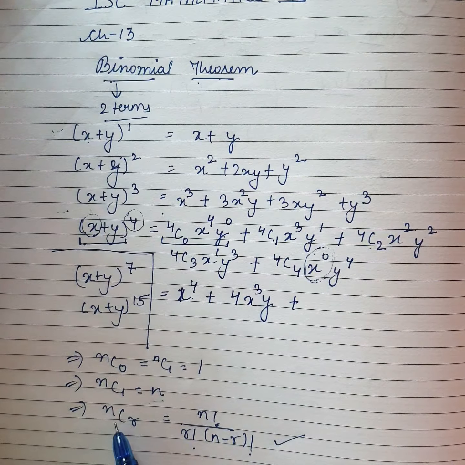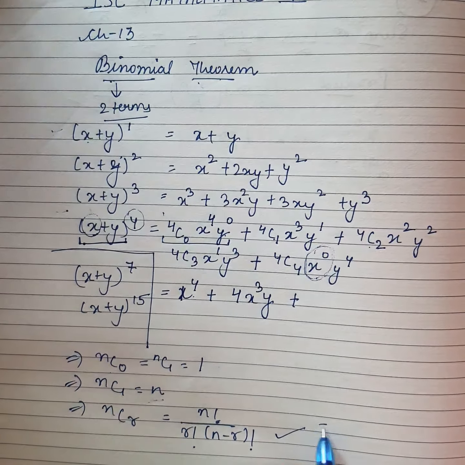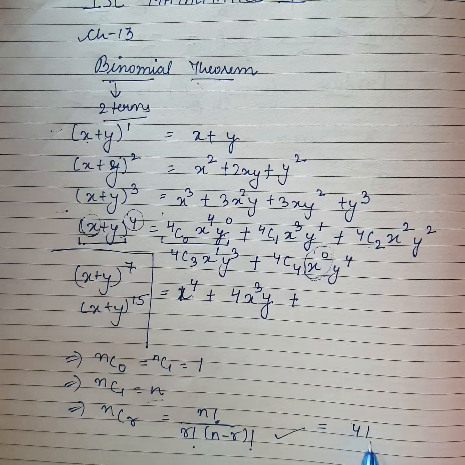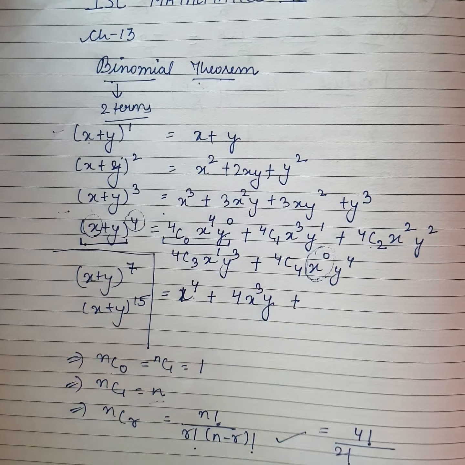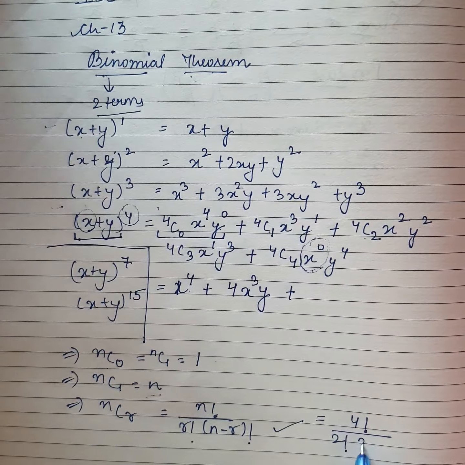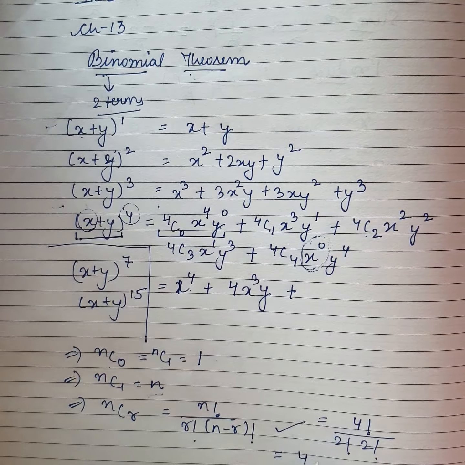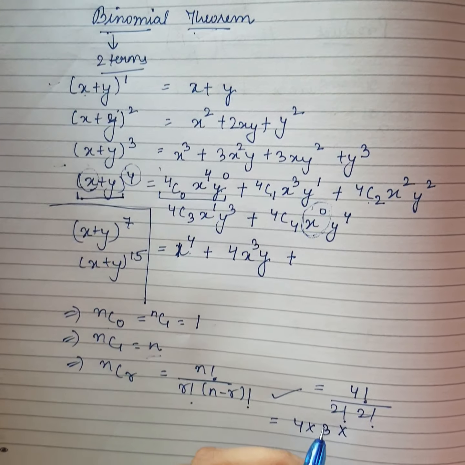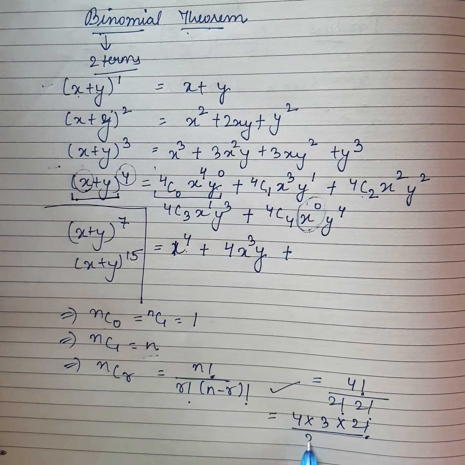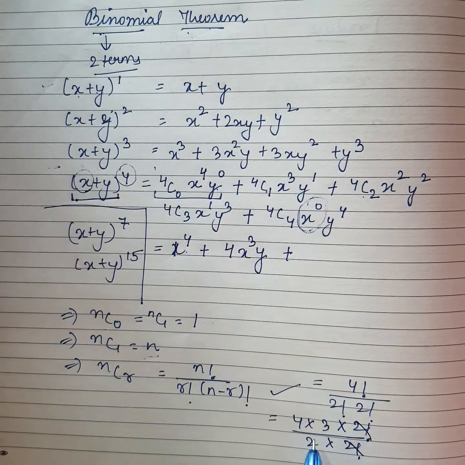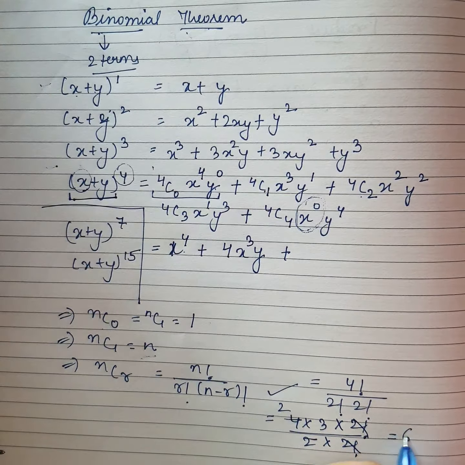Then 4C2 we need to calculate. I will solve one for you: 4 factorial over 2 factorial times (4 minus 2) factorial, which is 2 factorial. So 4 into 3 into 2 factorial over 2 into 2 factorial. So this is 6.